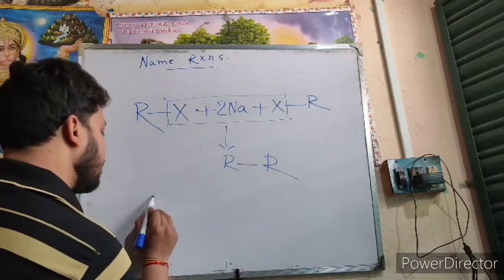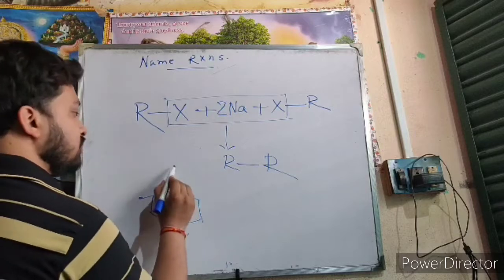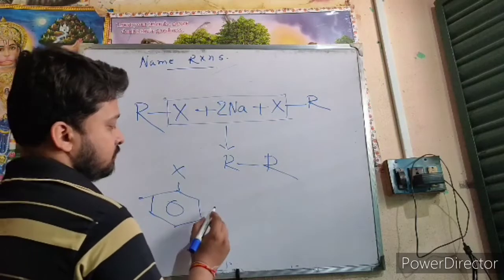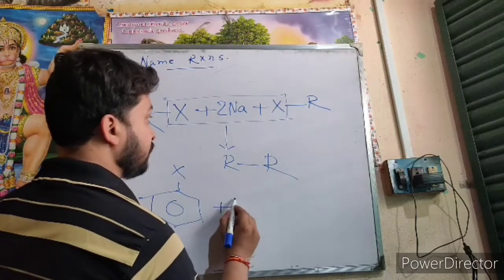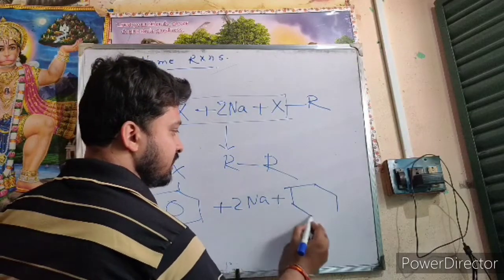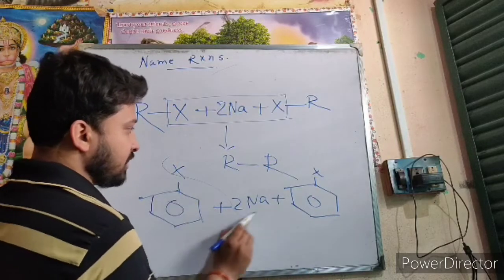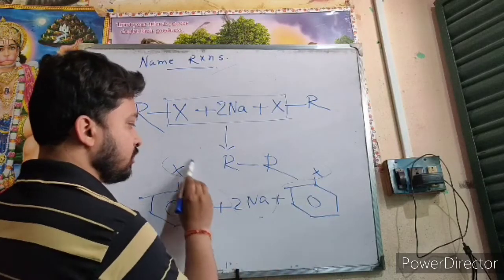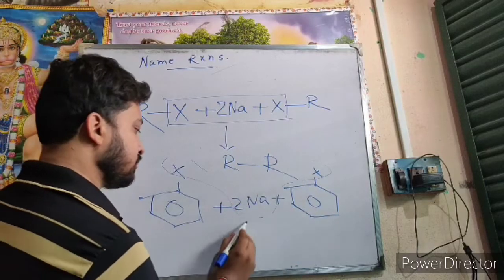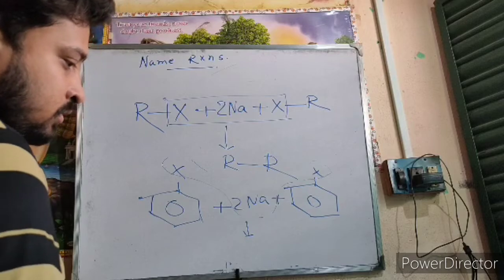You can take these reactions also. This is benzene, halobenzene. It reacts with 2Na. You can write this also. So NaX is removed from here, 2NaX, and you get the product.